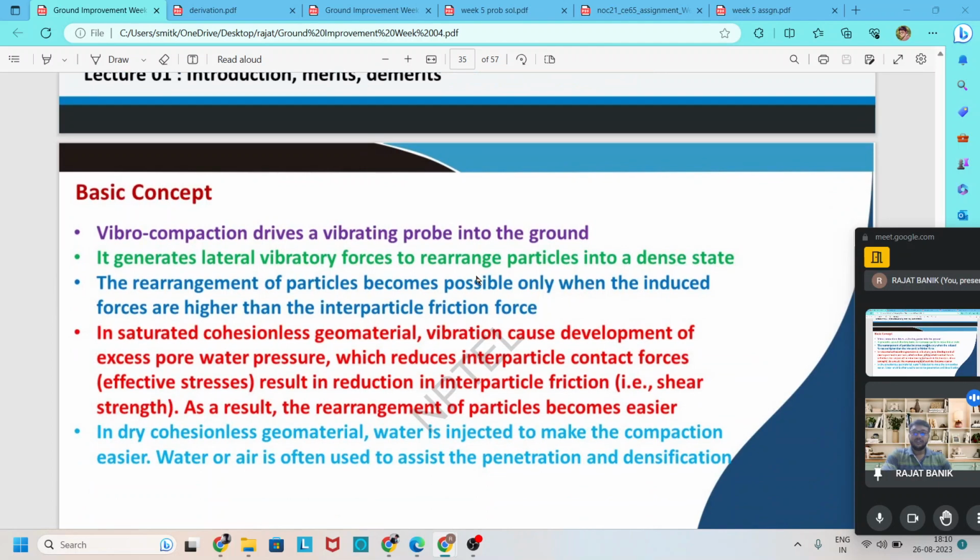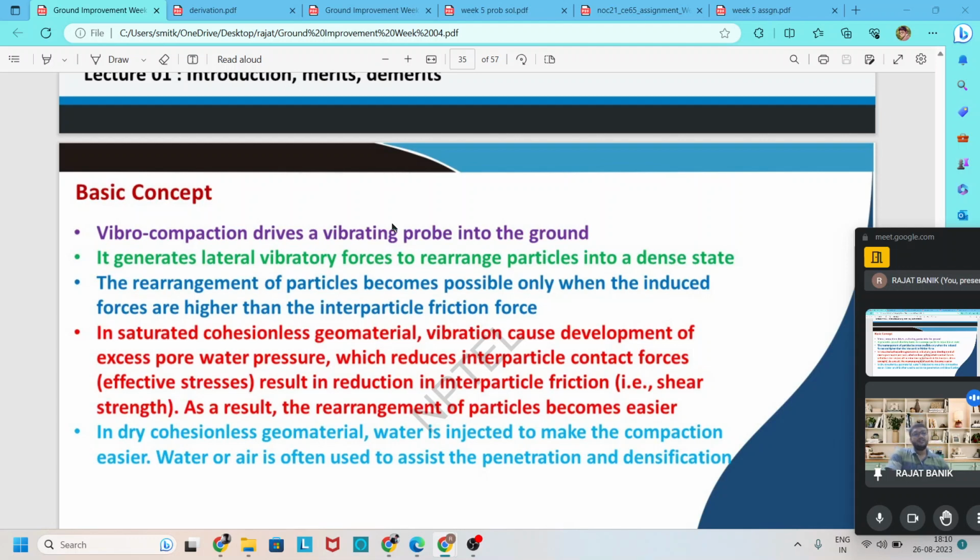So in this we discussed vibro compression, and the basic concept, like it is used for saturated coastal soil. One probe is there, attached to the screen, and the probe is inserted into the ground and vibrated. Due to the vibration, frictional resistance between the particles is overcome and the particles are brought close together.